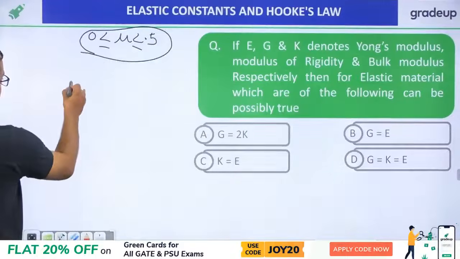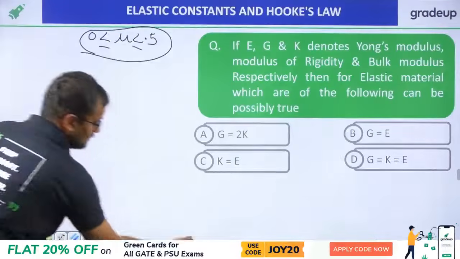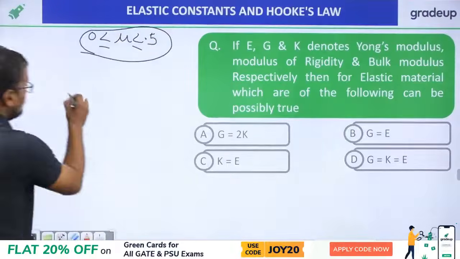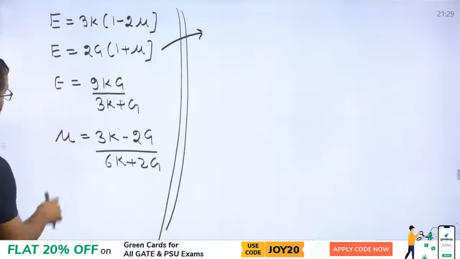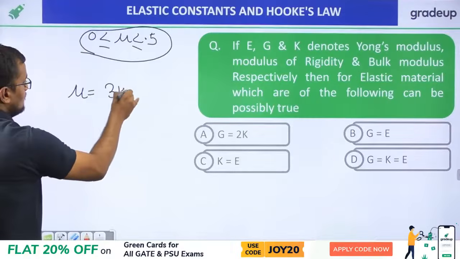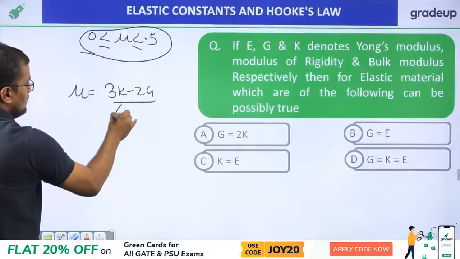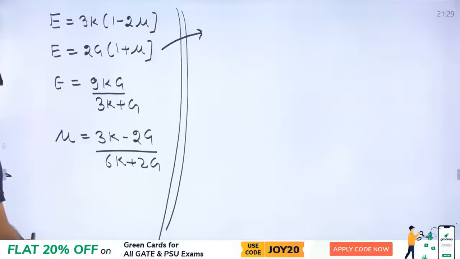So we know one formula between the elastic constants: mu is equal to (3K minus 2G) upon (6K plus 2G). Okay, this was the relation here.